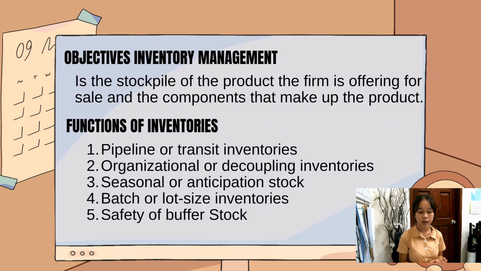So, the objective of inventory management: we define inventory as a stockpile of the productive product the firm is offering for sale and the components that make up the product.